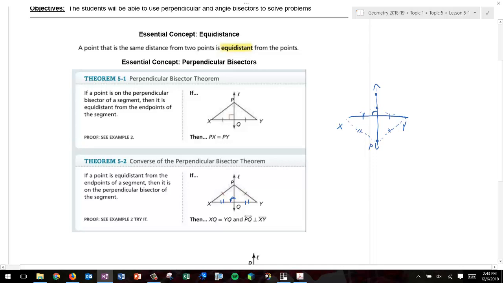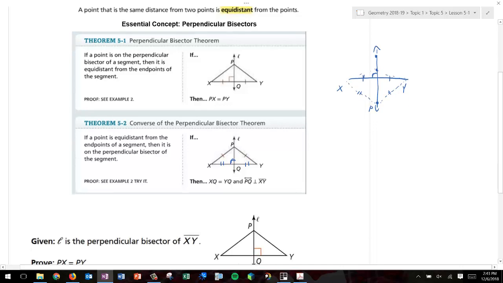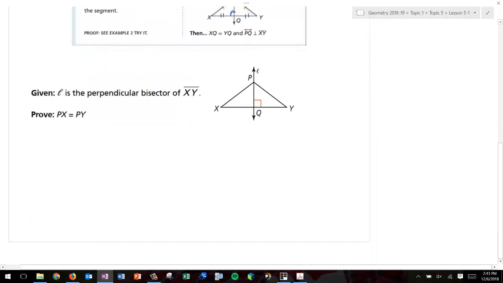I want to show you a proof of this, just so we're comfortable. So it's a short proof. If we're looking at this setup here, what I'm going to aim to do is prove that these two triangles are congruent. And once I've done that, I can say that PX and PY are going to be equal. So if we look closely at this, we know that PQ is congruent to PQ.